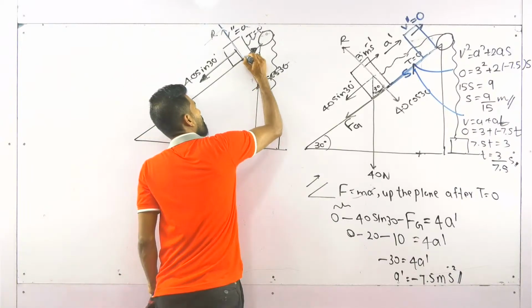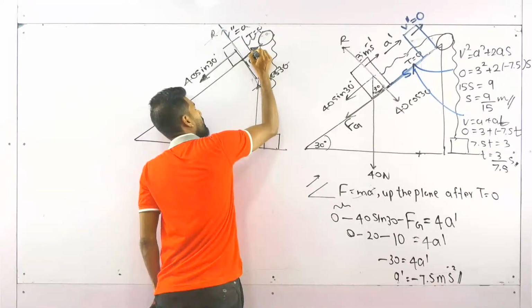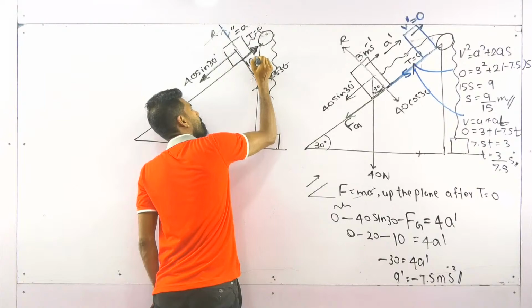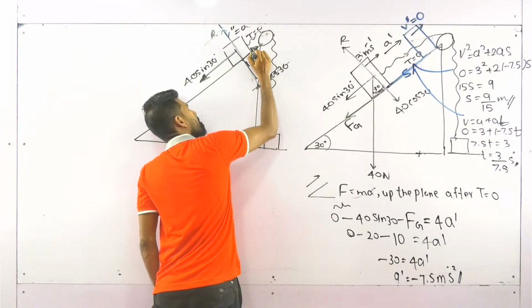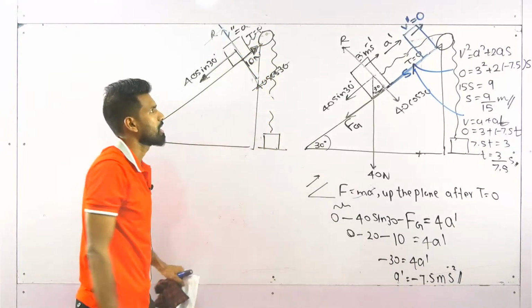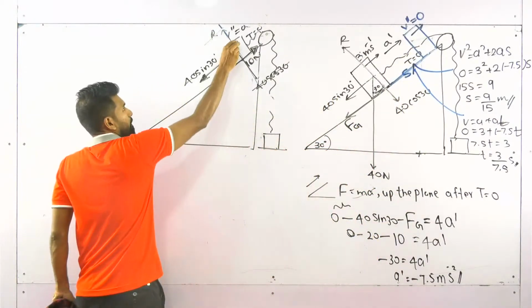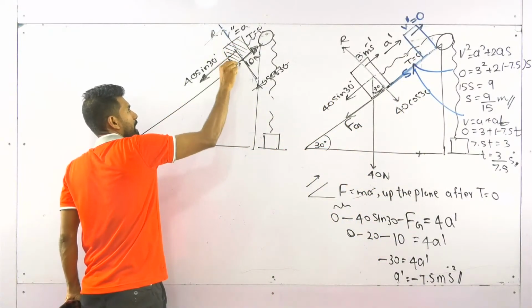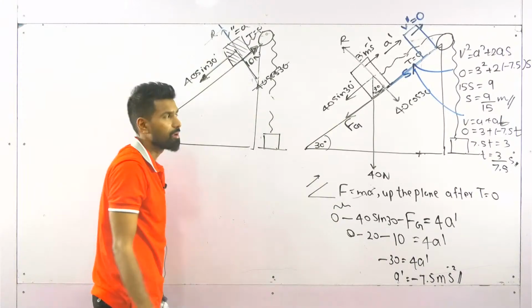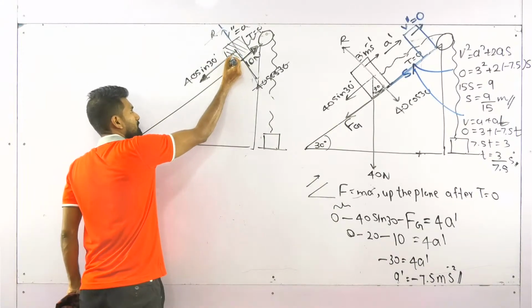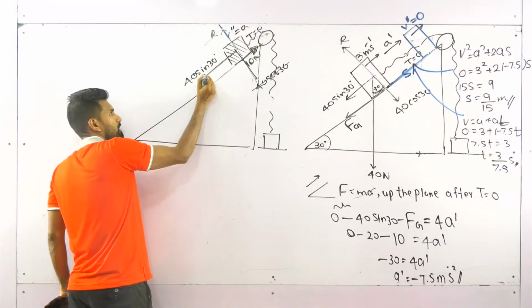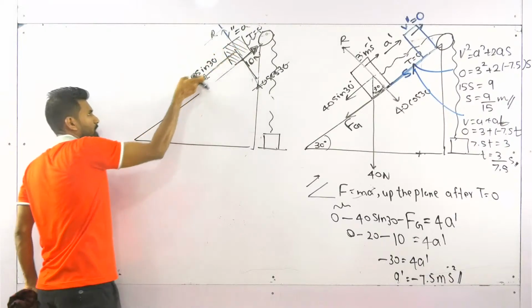It's 10 again. But this time, friction is in the upward direction. Why? After coming to rest, the 4 kg block will be at rest for a certain instant. Meanwhile, 40 sin 30 is asking it to go back. It's always attracting the object to this side.